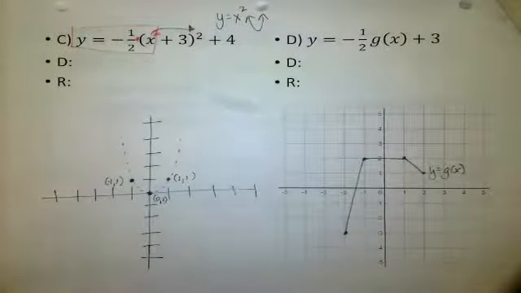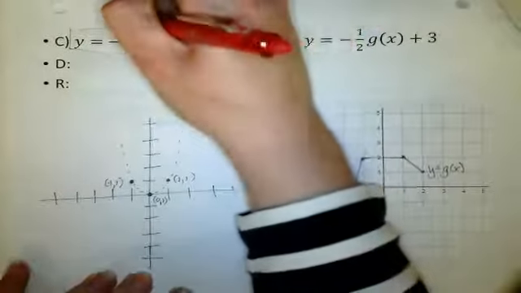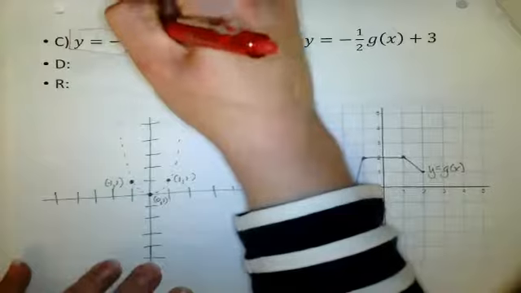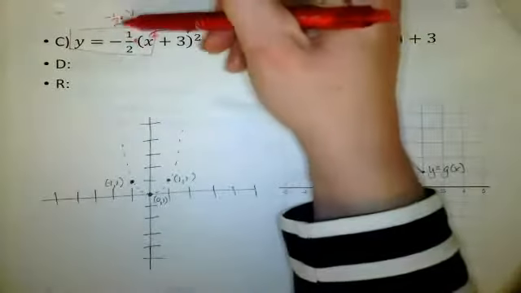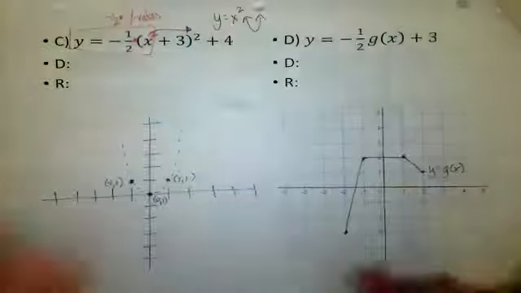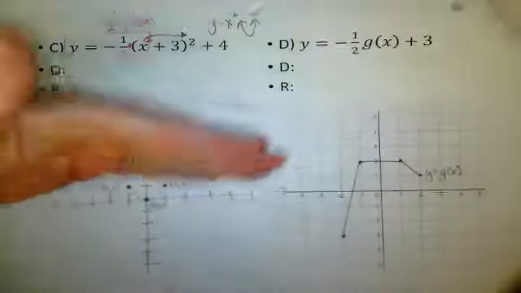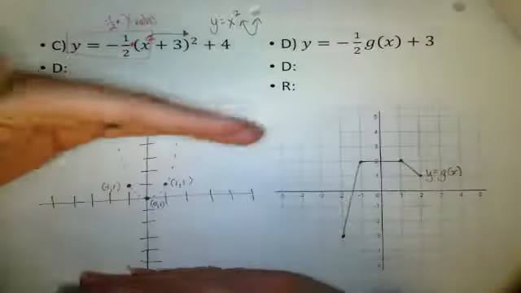Yeah, so again, this number out in front is outside the function. It's going to take our y values and multiply them by negative 1/2. The negative is going to flip it, and the half is going to cut each of these points in half vertically. It's what we call a compression.